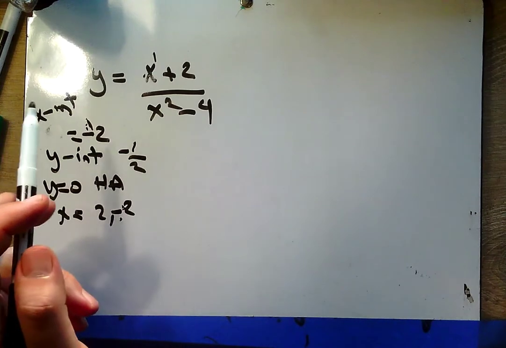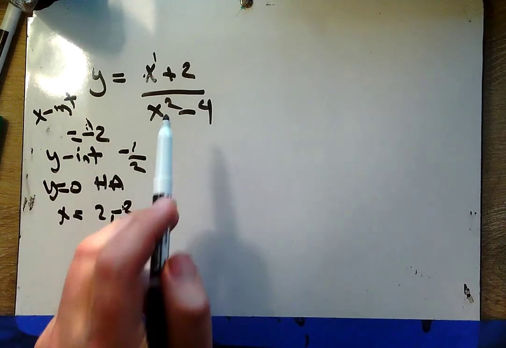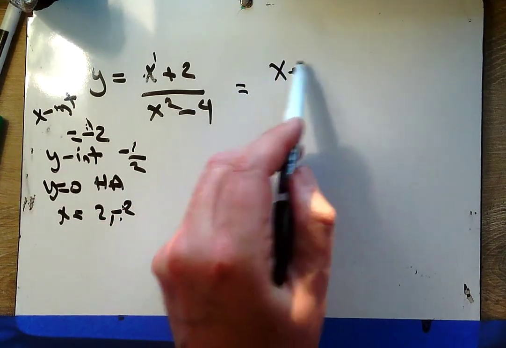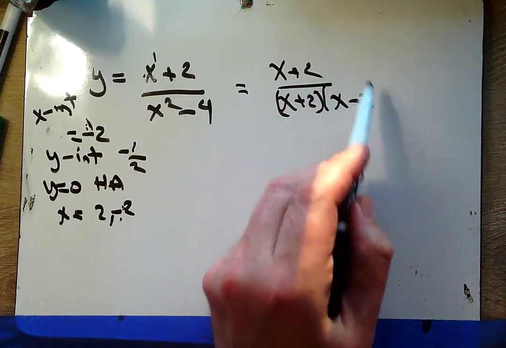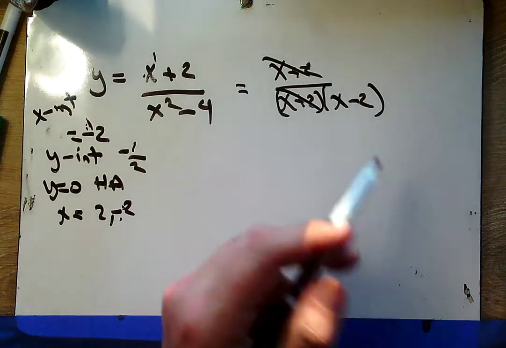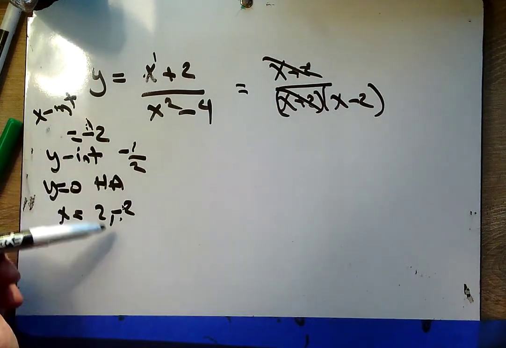I might suggest that you actually do the factor, because if you do the factor, you see them cancel. It's much harder for people this way to see.